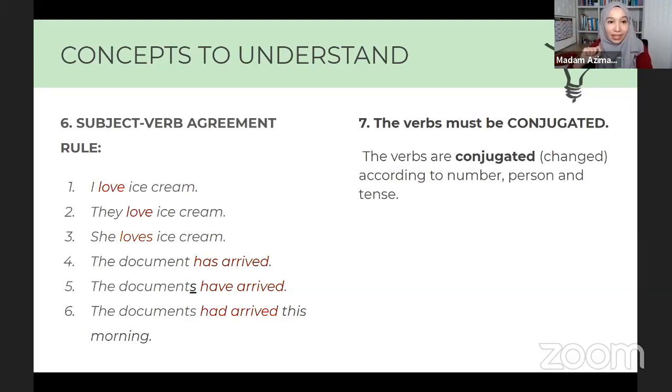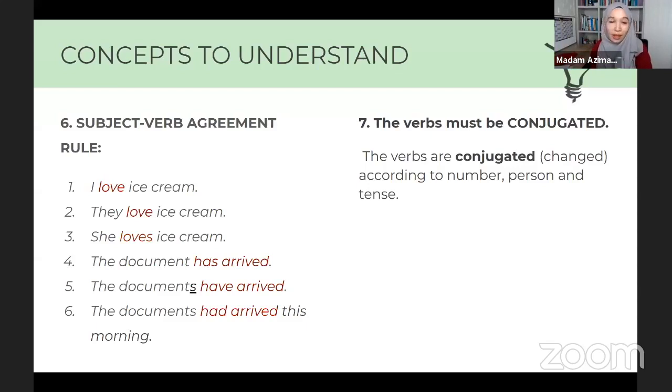This is the tricky thing about verbs. Must be changed according to number. How many people, how many nouns there are, person, like singular, plural, how many, right? Person, and then tense. Oh my goodness, tense. Okay, so if I use the term conjugated, it just means changed, right?